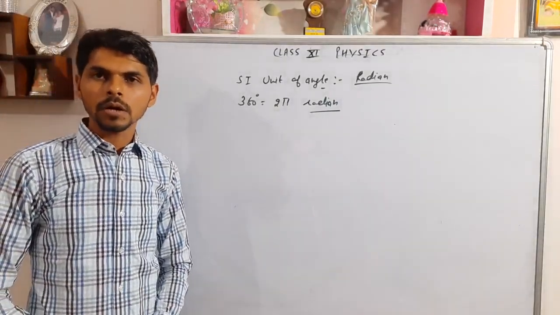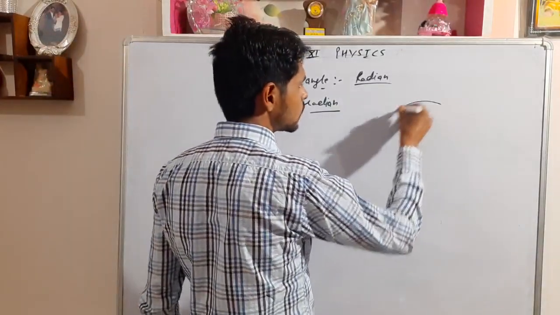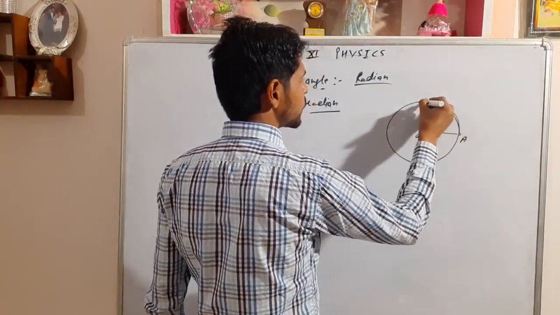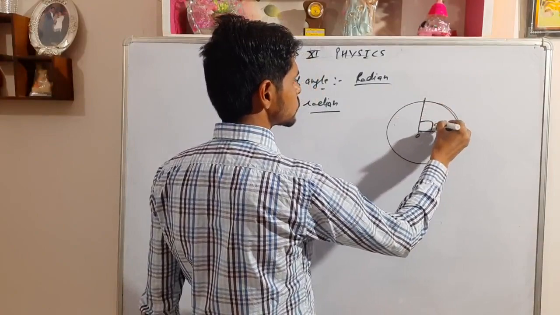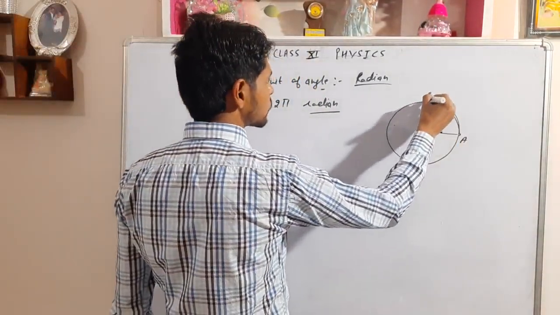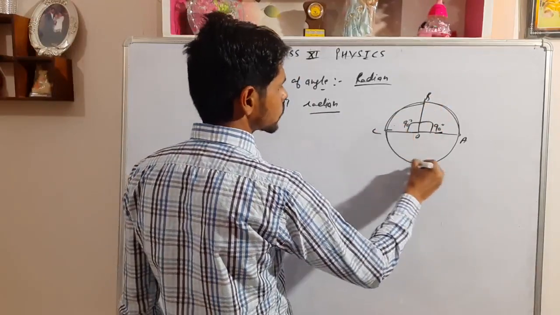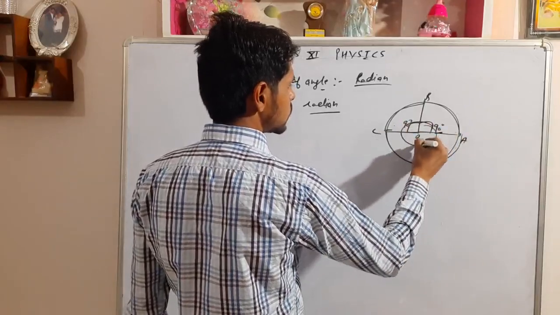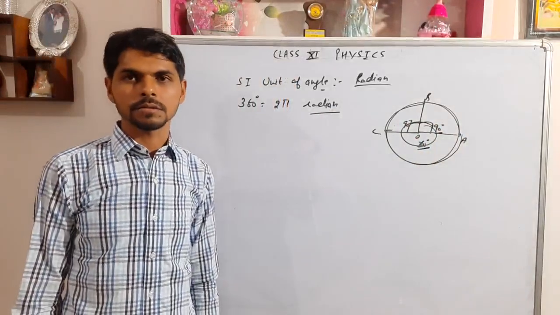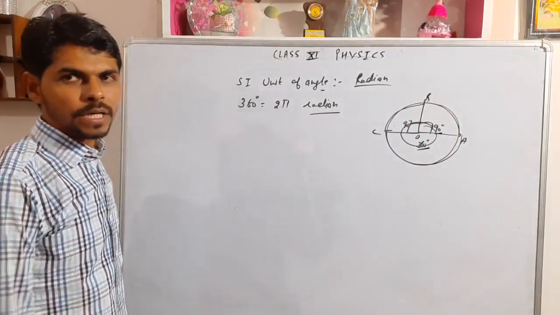If a body moves along a circular path, starting at A, and moves from A to B, the body has moved 90 degrees, and then from B to C, again 90. Doing this, it returns to A. The total angle is 360 degrees. This 360 degree value is called 2 pi radians.